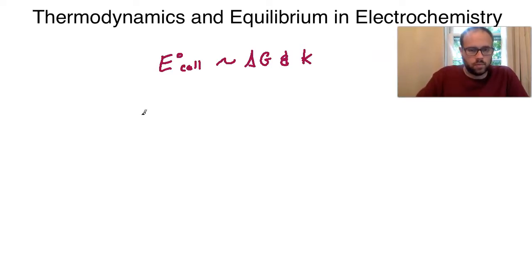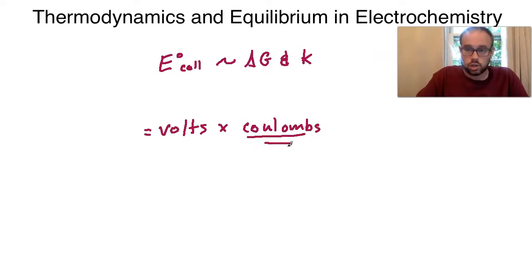So something that we want to discuss in regards to the electric energy for a cell or E cell is, when we're talking about E cell, it's really the volts times the coulombs. And coulombs is a term in chemistry that we use when we are referring to electric charge, specifically for electrons.